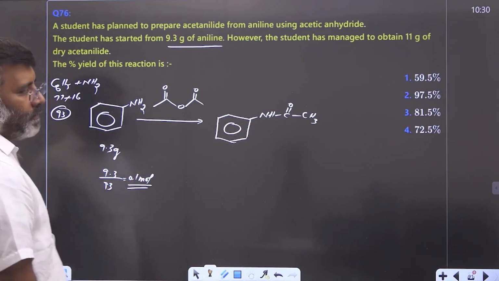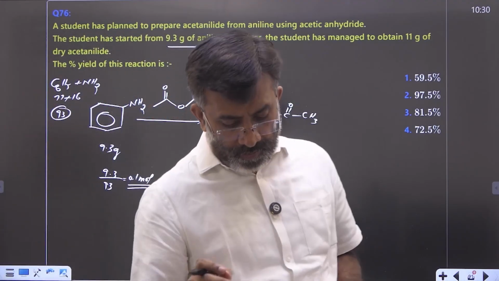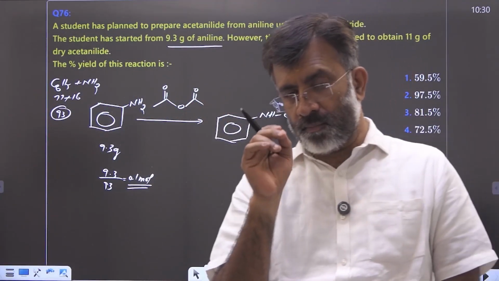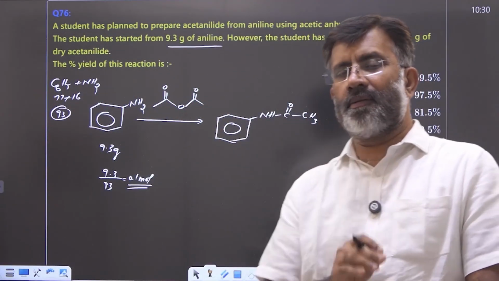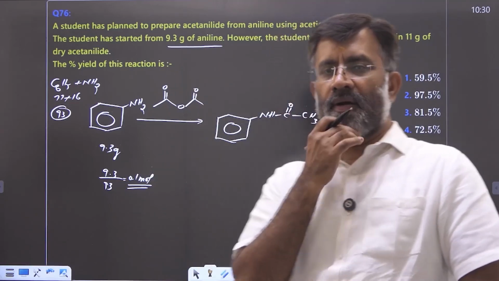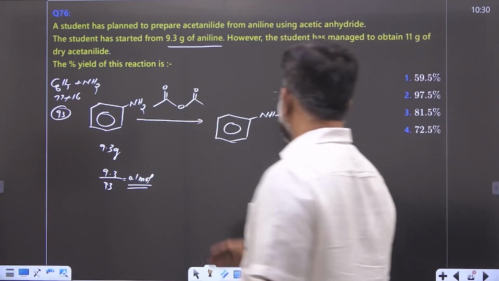That is the amount of aniline taken, 0.1 mole. What about here?